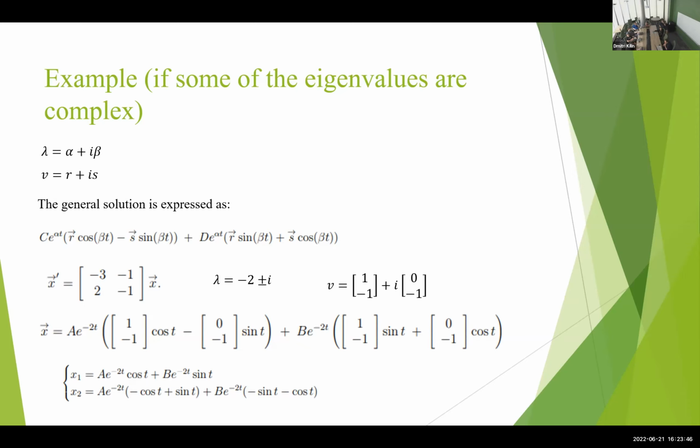But I'm not sure. What about, if you can say something about the matrix, can you say something about eigenvalues? Which eigenvalues provide oscillatory solutions and which eigenvalues provide growing or decaying solutions?